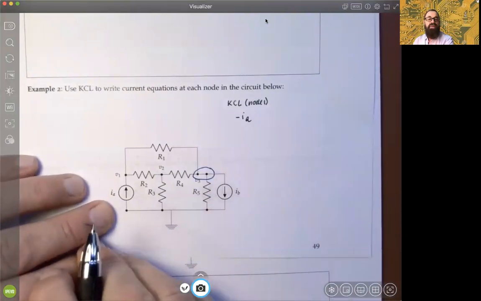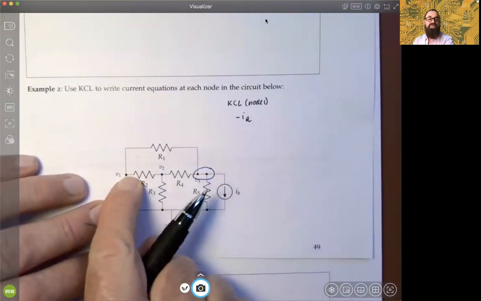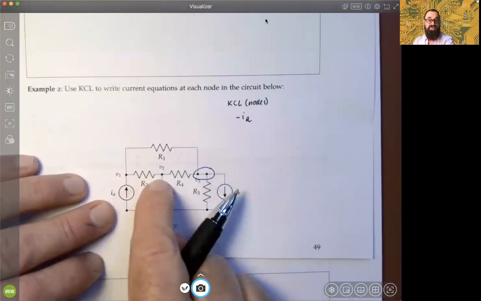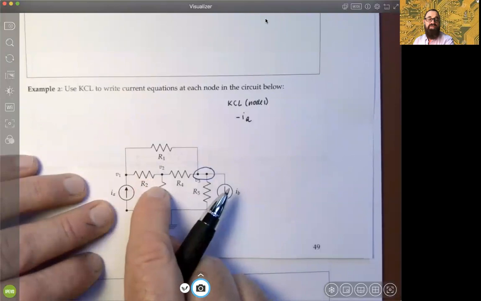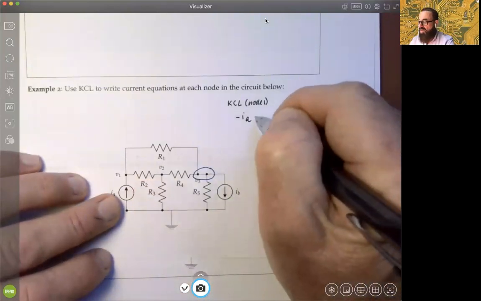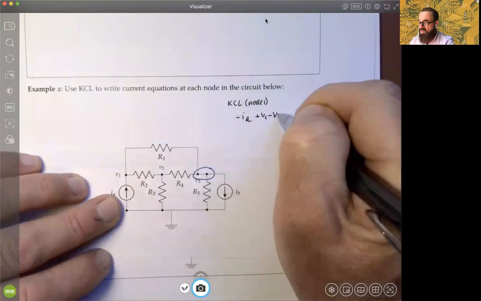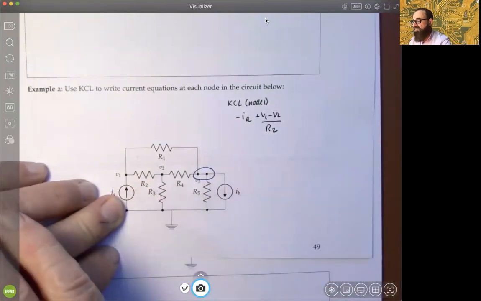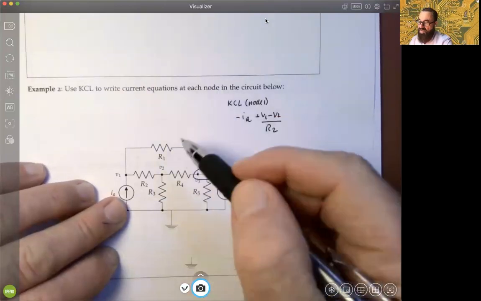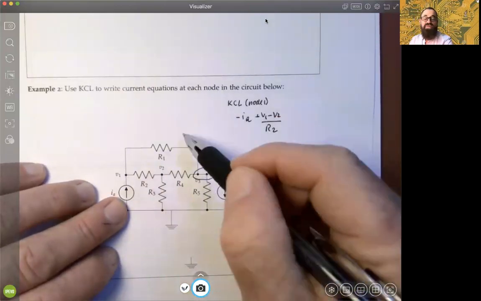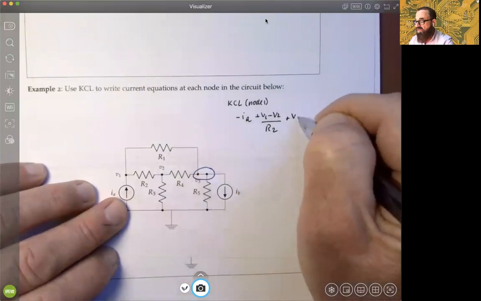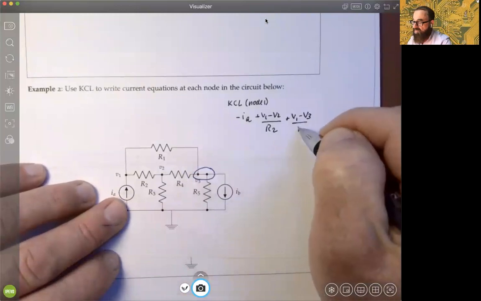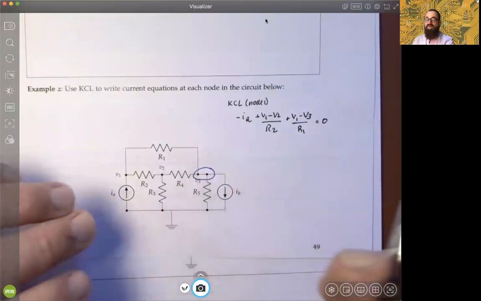Then we have the current flowing from V1 to V2, the difference divided by the resistance, so plus V1 minus V2 divided by R2. And then finally, we can go from V1 to V3 through R1. So we'll have plus V1 minus V3 over R1, and sum that equal to 0.